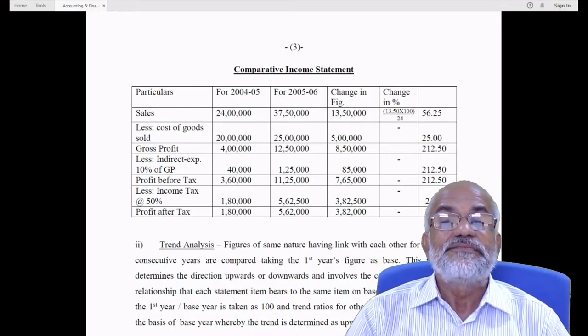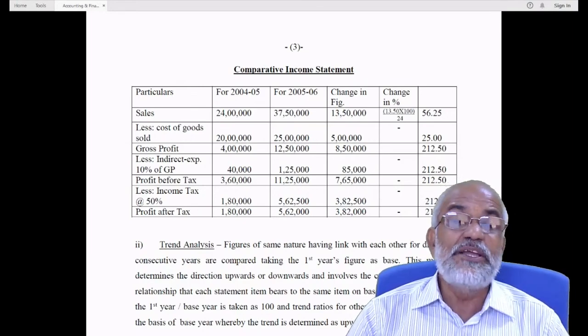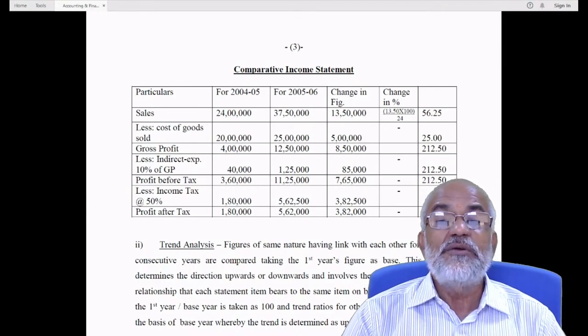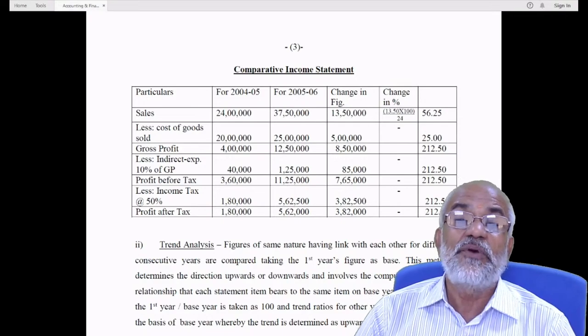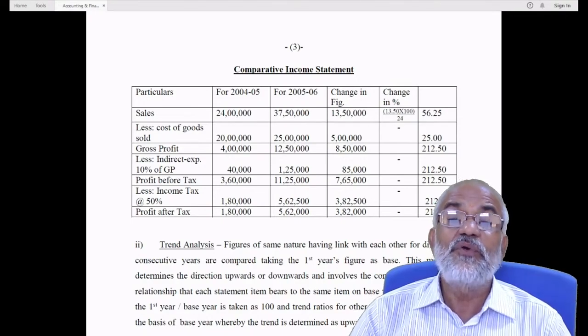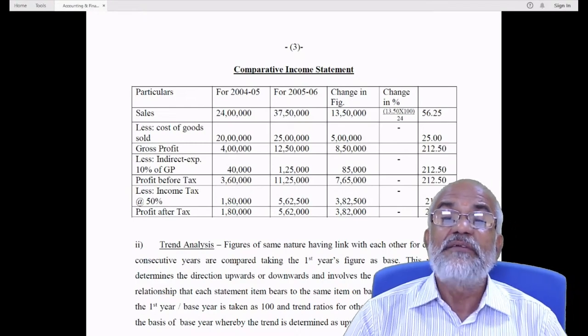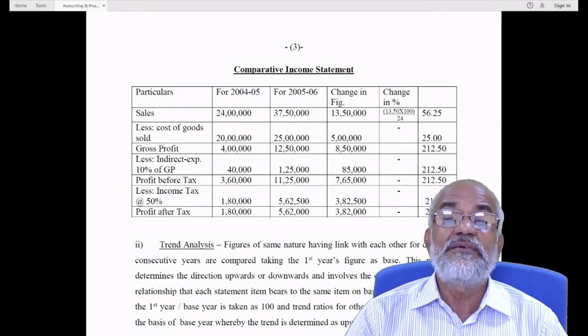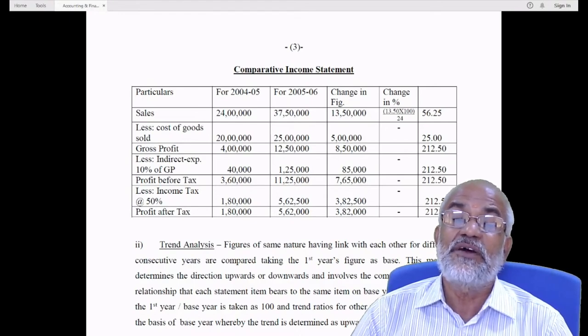it is coming 212.50%. So when the indirect expenses are deducted from the gross profit, the profit before tax is computed. It comes to 3,60,000 for the year 2004-5. That means 40,000 deducted from 4 lakhs. It is 3,60,000 for the year 2004-5. And for the year 2005-6, it is coming 11,25,000 when 1,25,000 is deducted from 12,50,000.